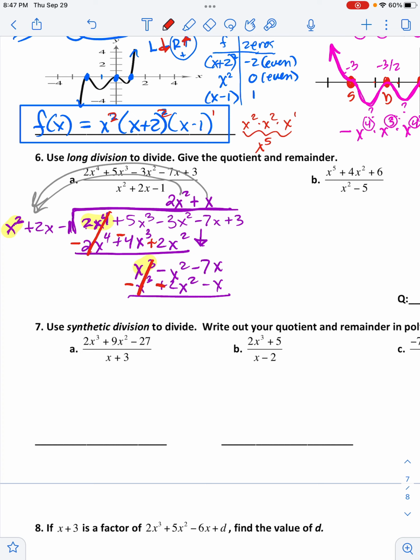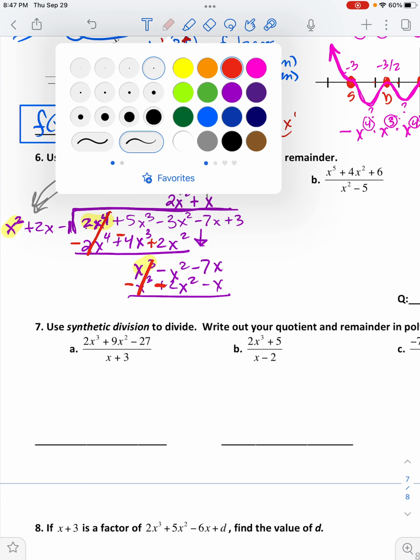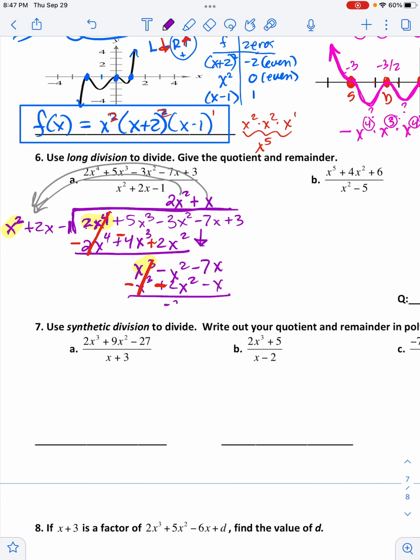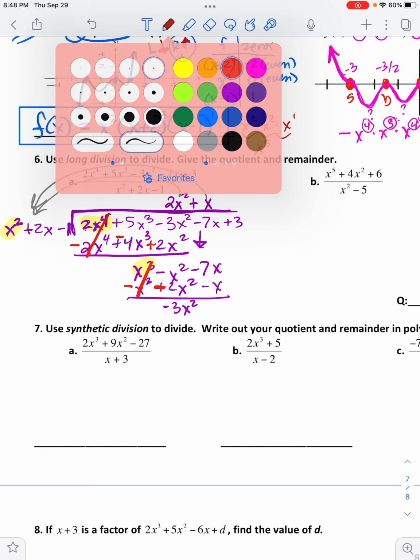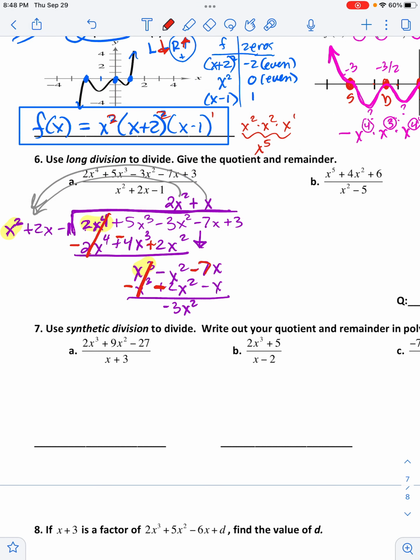Negative x squared minus 2x squared is going to become a negative 3x squared. And then my negative 7x minus negative is going to turn into a positive, so I'll be at negative 6x, and I'll be bringing down the 3.